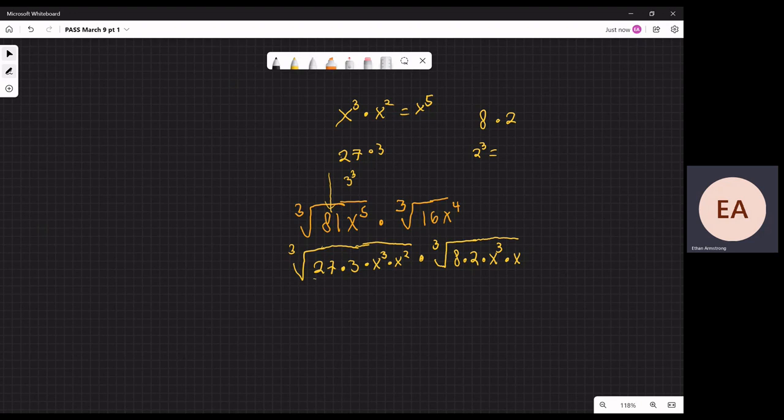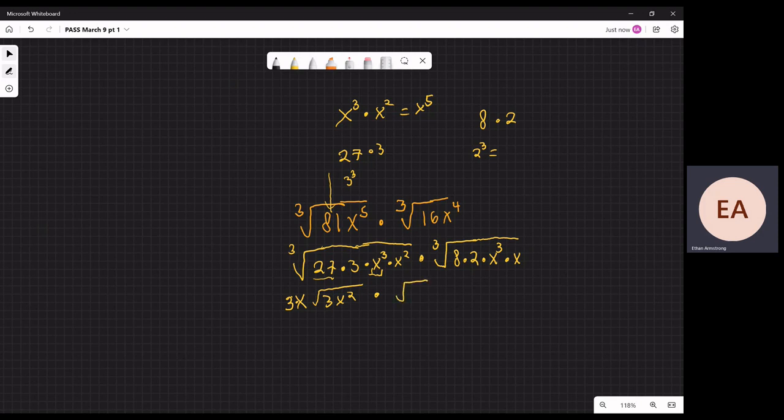So in order to do that, we take out this 27. We just have to take the cube root of it out. So we will have 3 times, we can take this x cubed out as well. The cube root of that would be x. So we'll have 3x, and we'll be left with 3x squared times this next term here.